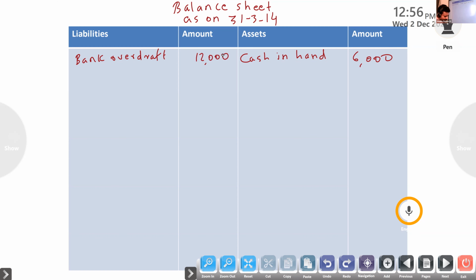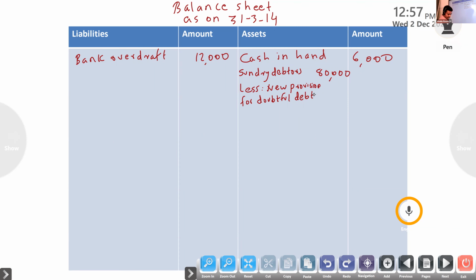Then we will look at adjustment items. First, sundry debtors 80,000. Adjustment is there: provision for doubtful debt. Less new provision for doubtful debt, 2% on debtors.